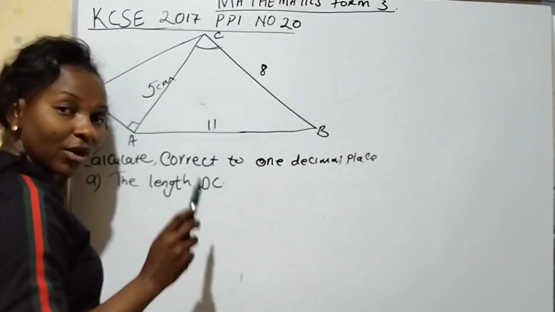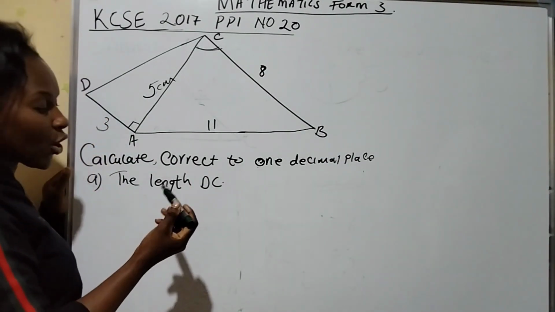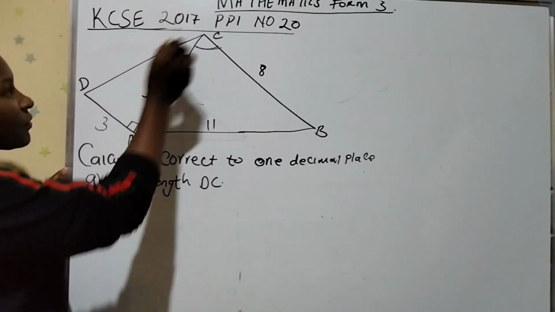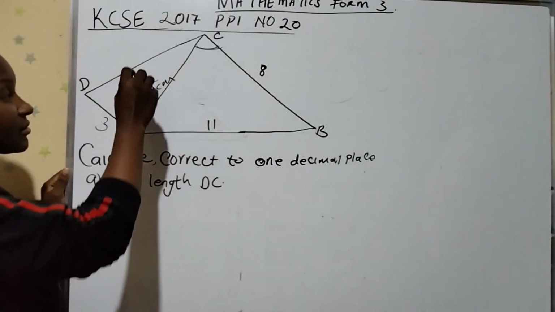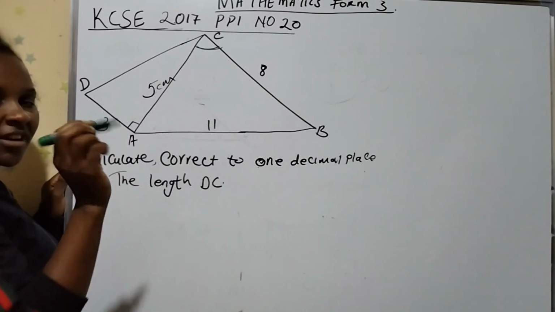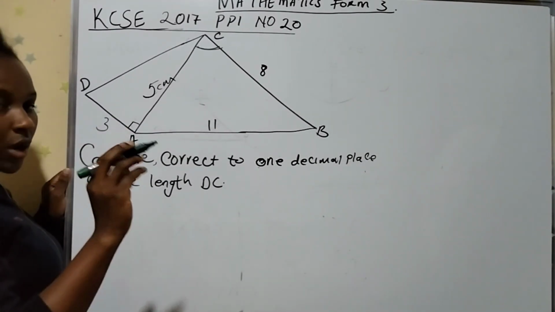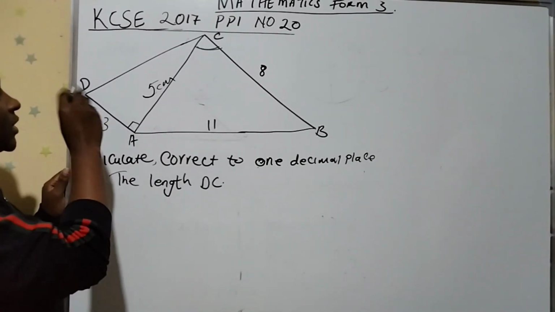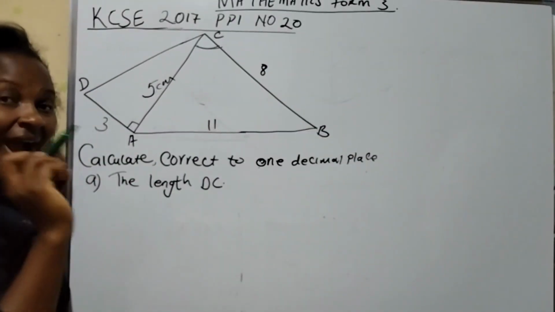The length of DC. So when we look at this figure of ours, it is a four-sided figure which is subdivided into 2 triangles. And we are told that DAC is a right-angled triangle.